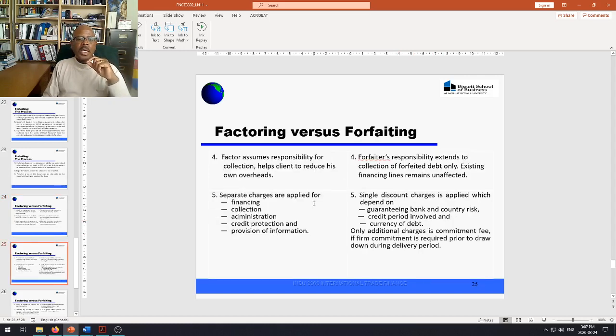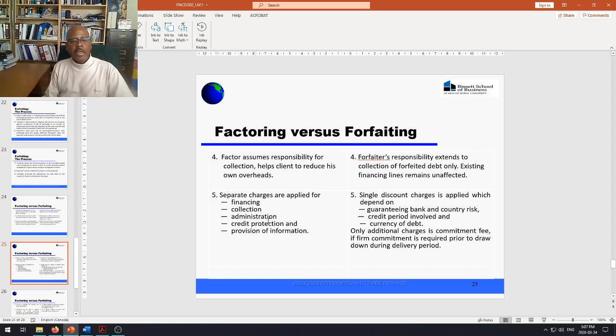In terms of size, forfaiting usually tends to be larger. Factors assume responsibility for collection and so on. Forfaiters do assume some responsibility for collection, but it's for that one-time transaction, whereas the factor will assume responsibility for collection on a continuous basis.